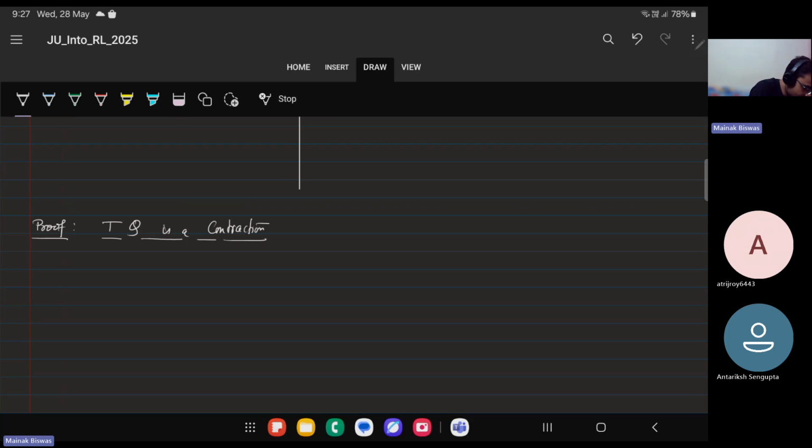First step is select Q1 and Q2 as two Q value functions. This fine? And then what will I do to prove a contraction?